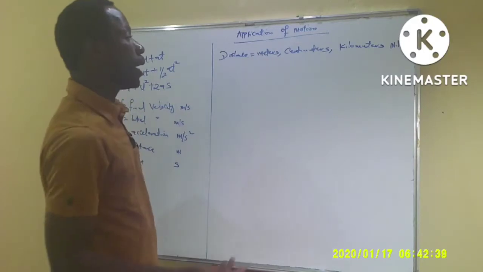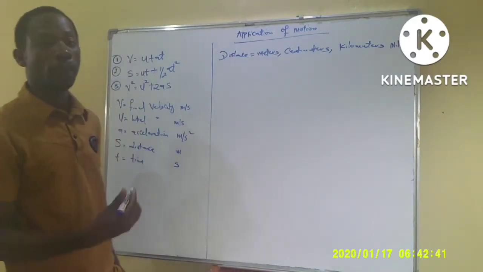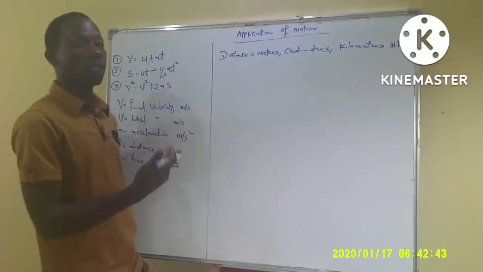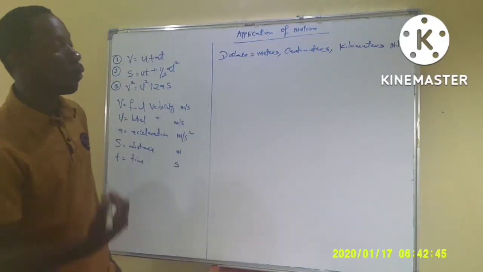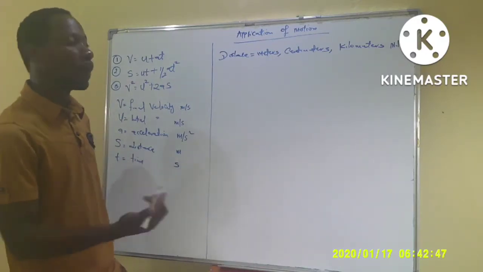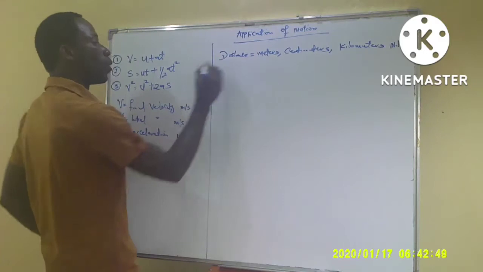Of course, you know that 100 centimeters make 1 meter, 1000 meters make 1 kilometer, 1.6 kilometers make 1 mile. Let me write it so that you get it.